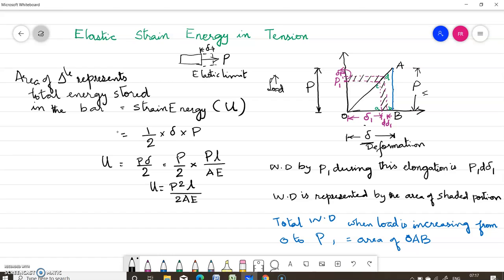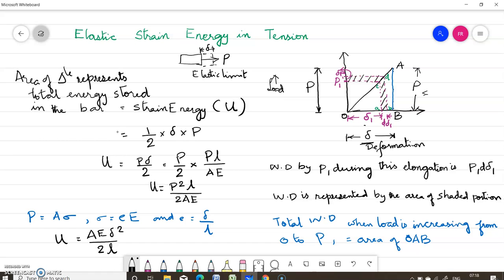Now if you substitute P equal to A into sigma, sigma equal to epsilon into E, and epsilon equal to delta by L, you will get another form, strain energy U equal to AE into delta square by 2L.